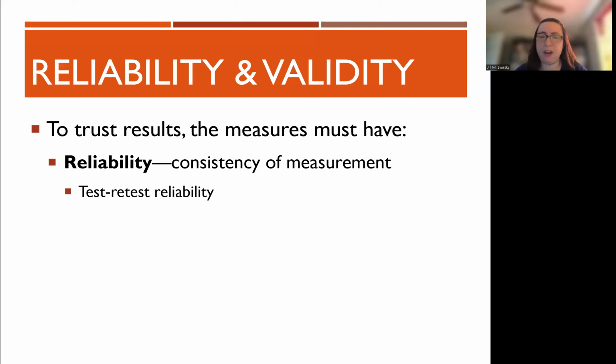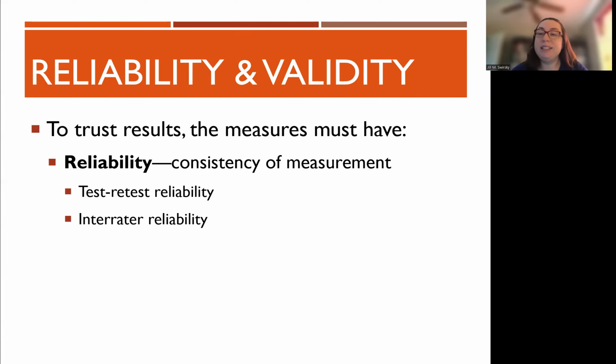Things like depression are going to vary a little bit, but I would expect them to remain largely the same. The exception would be if I were doing some sort of intervention study with depression as my dependent variable, the one that I'm trying to change. So, high test-retest reliability is found if scores are pretty similar over time, unless we're talking about your dependent variable, the variable that you're trying to change.